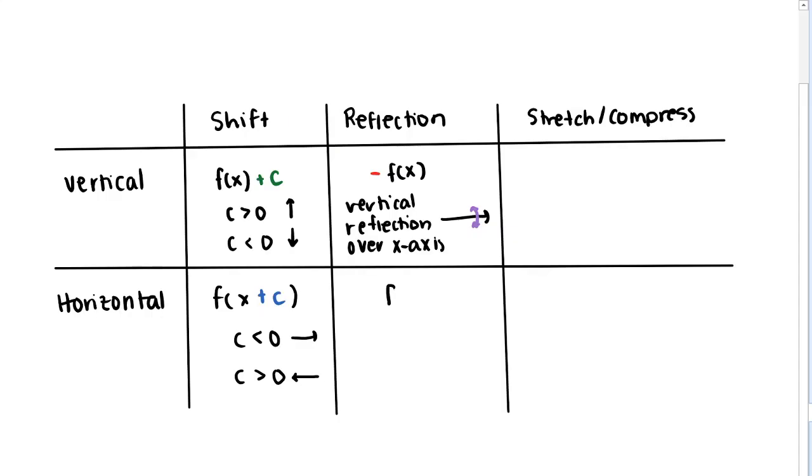And so if we take our function and we negate the input as opposed to the output, this is going to give us a horizontal reflection of our graph over the y-axis. Right, so here I'm going to have my y-axis, and really negating our input is going to reflect our graph over this vertical axis. It's going to give us a horizontal reflection.